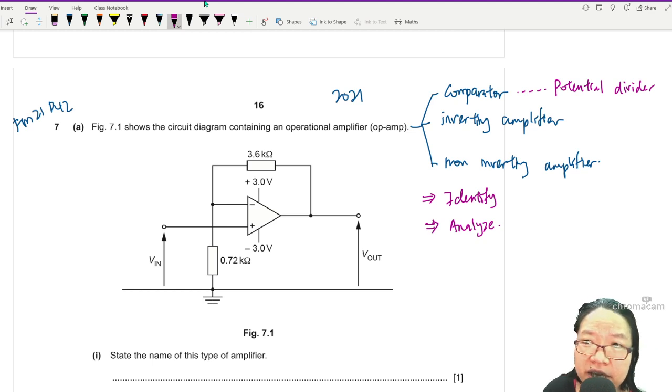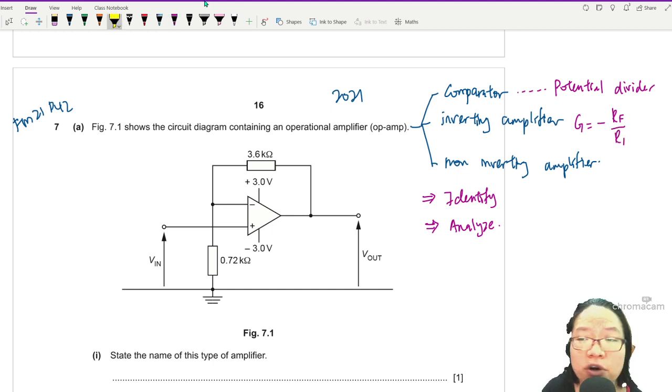And for the inverting amplifier, the gain will be negative RF over Rin, or R1. This RF is oftentimes the resistor that is connected to the feedback loop. I'm going to highlight the feedback loop in this resistor now. When we say feedback, it means that there's an output and then there's an input. The nose of the amplifier is the output.